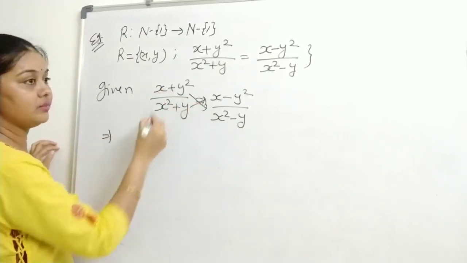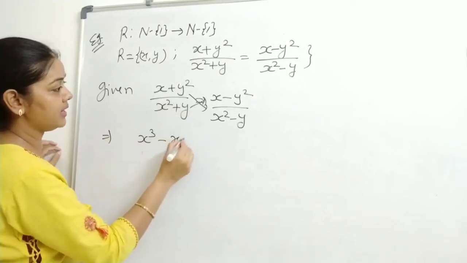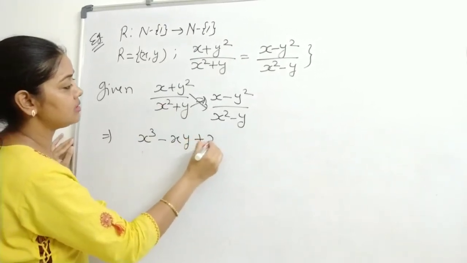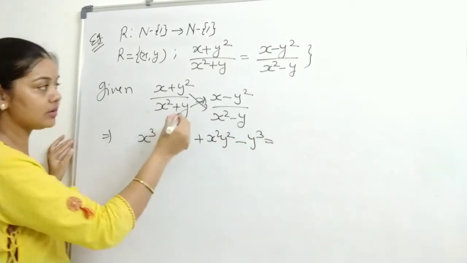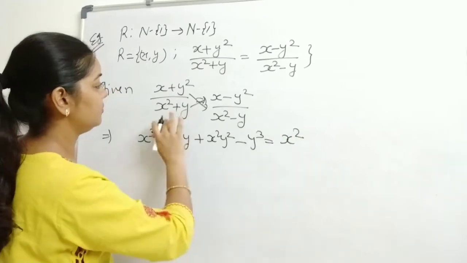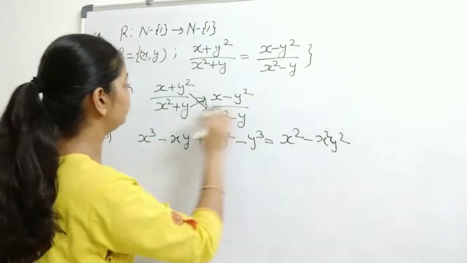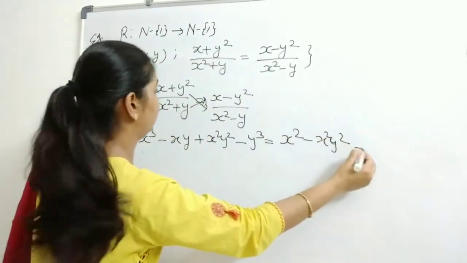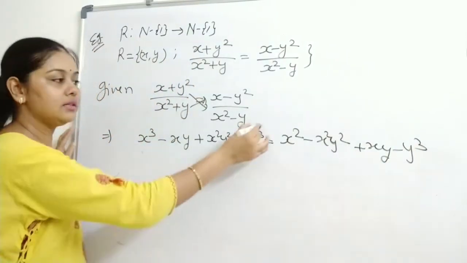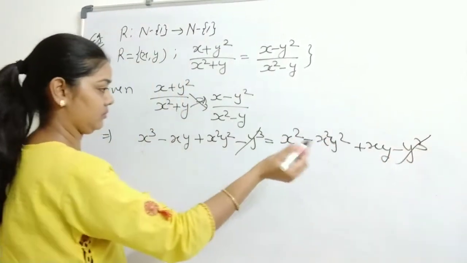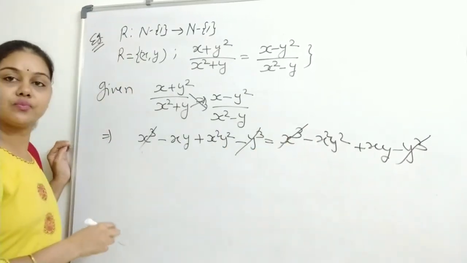What will we get? x³ − xy + x²y² − y³ will be equal to x³ − x²y² + xy − y³. This y³ cancels out, and this x³ is cancelled out.